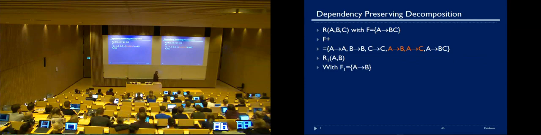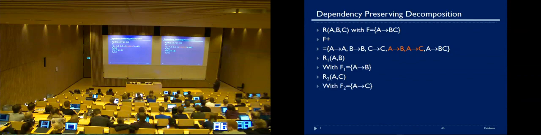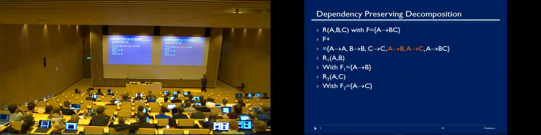So for this table, we can say that it has the dependency that A determines B. That's the subset of the set of dependencies that is projected on that one. And on the other table, in a very similar manner, it has projected on itself the dependency that A determines C. So that's how it works in general. And if those were larger tables with more attributes, you would do the same thing. That's the general principle.